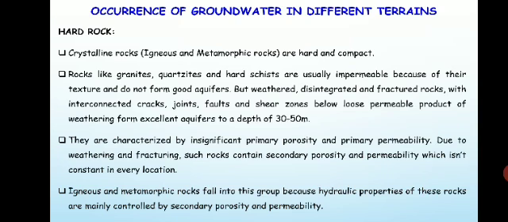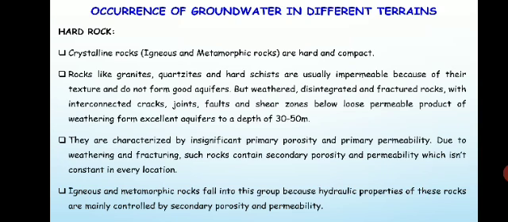Due to weathering and fracturing, such rocks contain secondary porosity and permeability, which is not constant in every location. That depends upon how much is the effect of weathering. Based on that, the rocks show different secondary porosity and permeability.